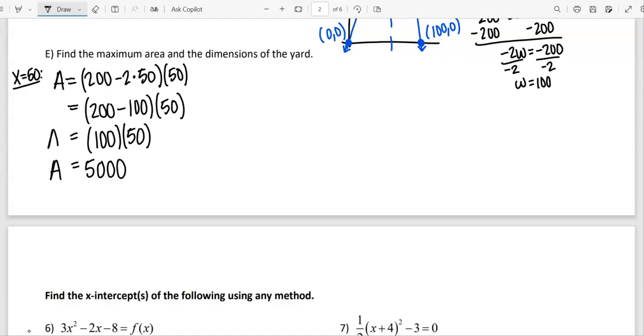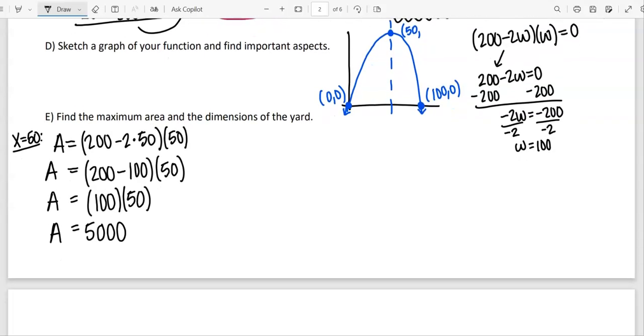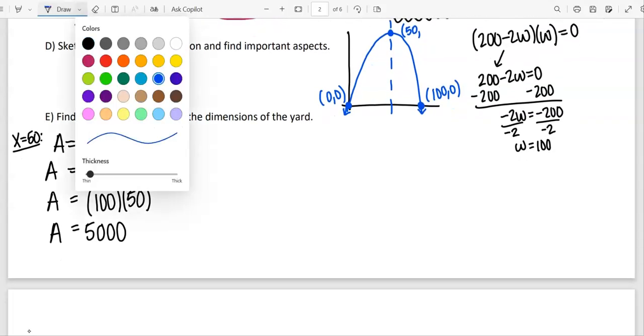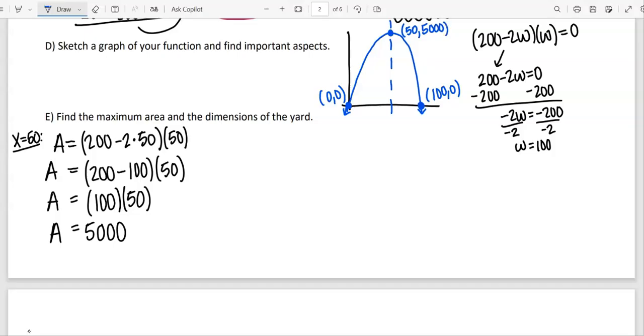So we get capital A is equal to 5,000. That's the y value of our vertex because we plugged in the x value of 50 and got the y value to be 5,000. Isn't that our maximum? Yeah. So our max is at 50, 5,000.